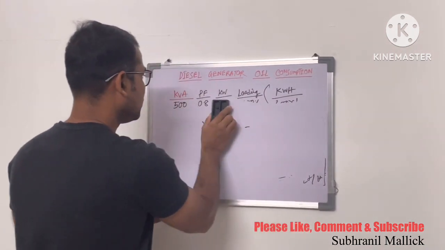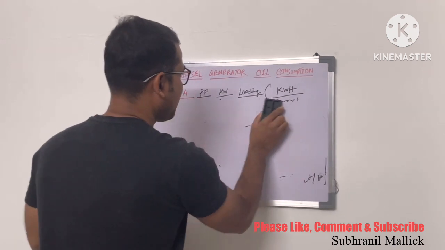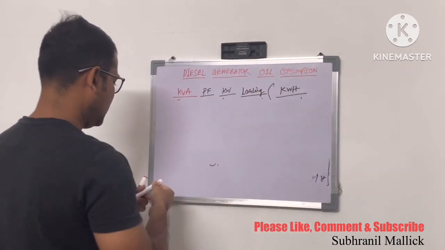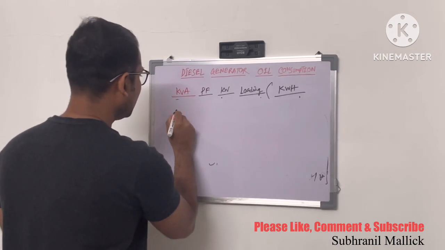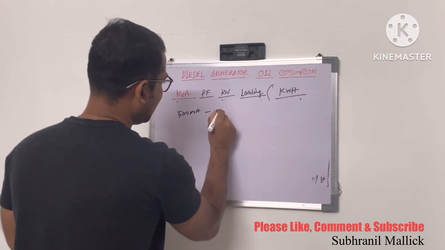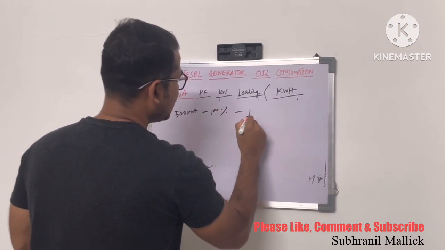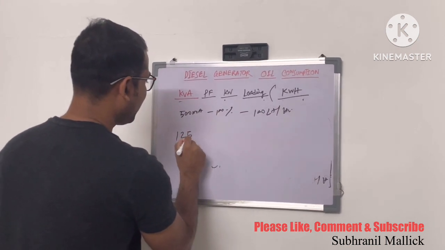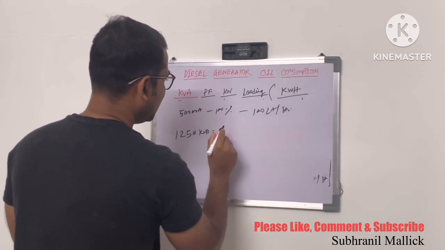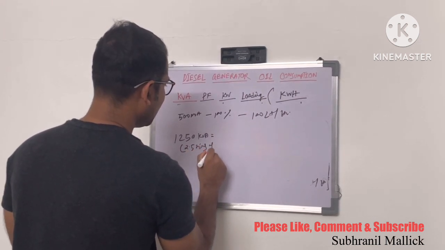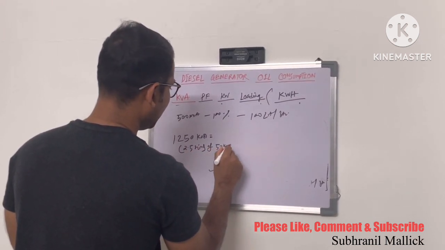Now just remember, for a 500 kVA DG at 100% loading, it is 100 liter per hour. Then 1250 kVA is 2.5 times 500 kVA, correct?